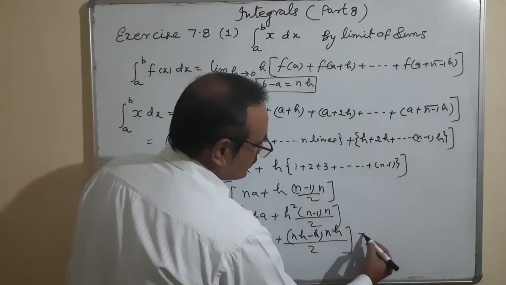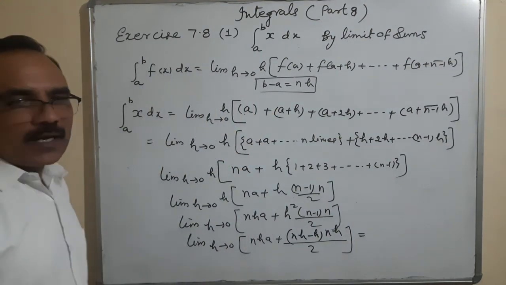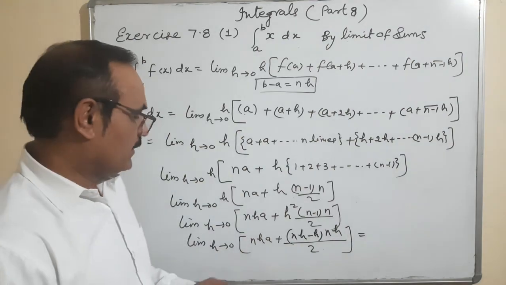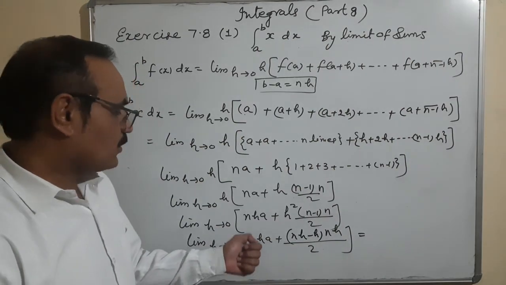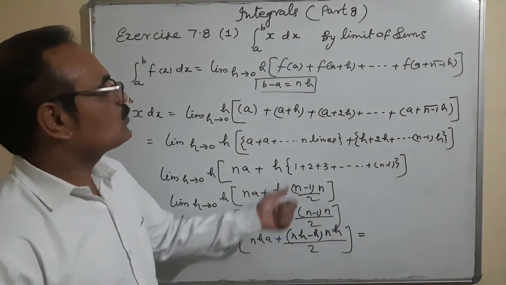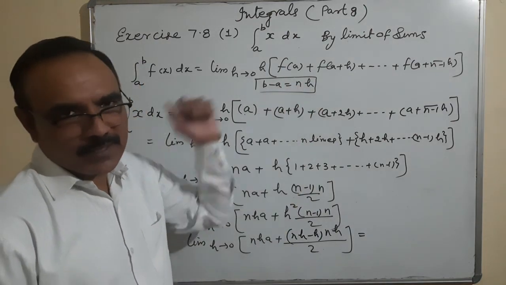Okay, this means now here what I have to do is limit h tends to 0. Now I evaluate the limit. So where there is an h alone, I will put 0, and where there is nh, what does it mean? b minus a, upper limit minus lower limit.